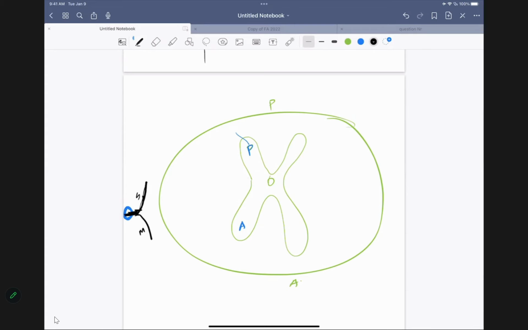Once I show you, this will create a better understanding. All right, here you go.